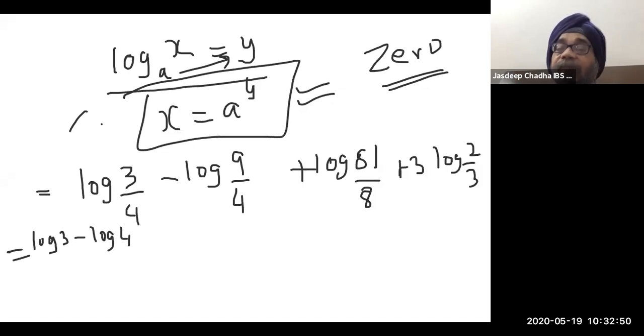Now log 9 by 4 is equivalent to log 9 minus log 4, and since the minus is outside, the whole bracket is multiplied by minus, so it becomes minus log 9 plus log 4.